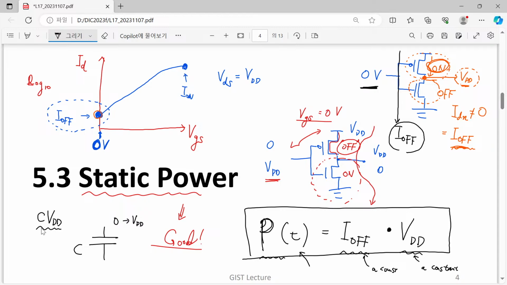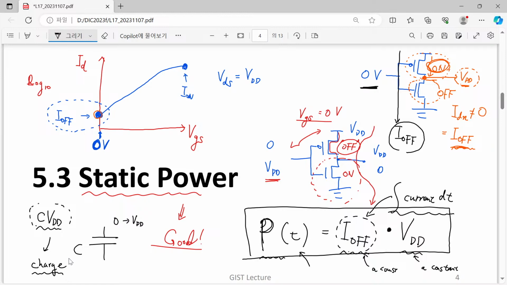This amount of charge, compared with this IOP, has a different unit. This is charge and this is current, and when current is integrated over a certain time interval, it becomes charge quantity.